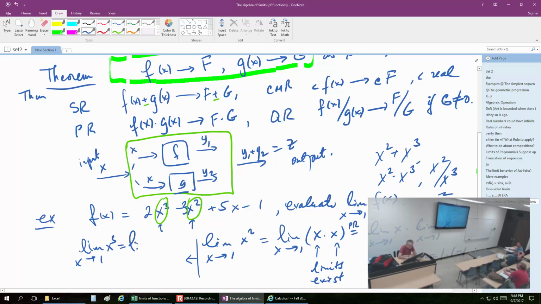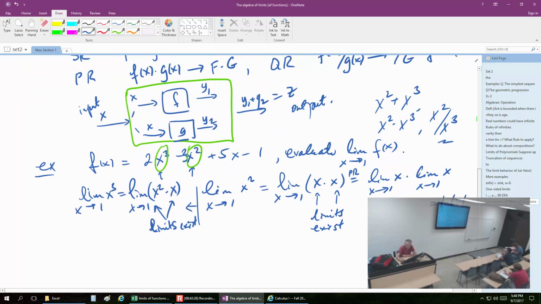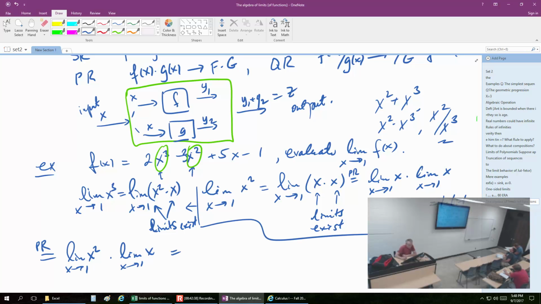So how about this: the limit of x squared times x. We already know that the limits exist for both. So if both of them exist, then the product rule applies, and I have the limit of x squared times the limit of x, as x goes to 1. I know that the limit of x squared is equal to 1, the limit of x is also equal to 1, so the answer is 1 again.